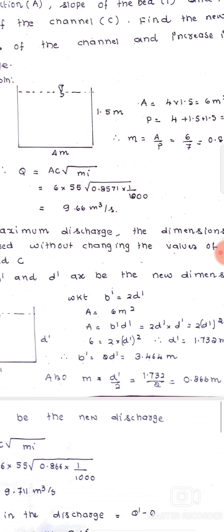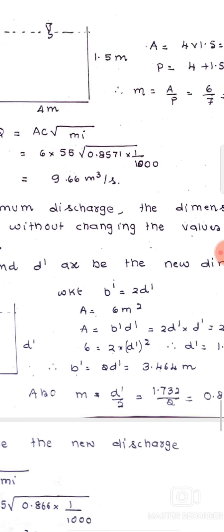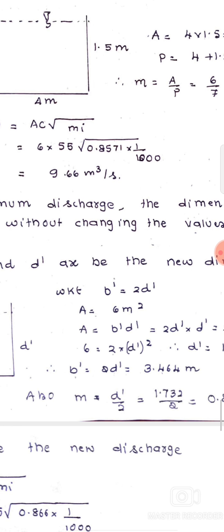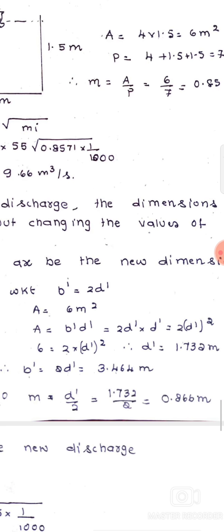They are saying the area is 6 meters square itself. Then we can substitute A is equal to B dash into D dash. We have the condition for most economical, B is equal to 2D, that is B dash is equal to 2D dash, so 2D dash into D dash, or 2D dash whole square. The area is 6, so 6 is equal to 2D dash square, then D dash is 1.732 meters.